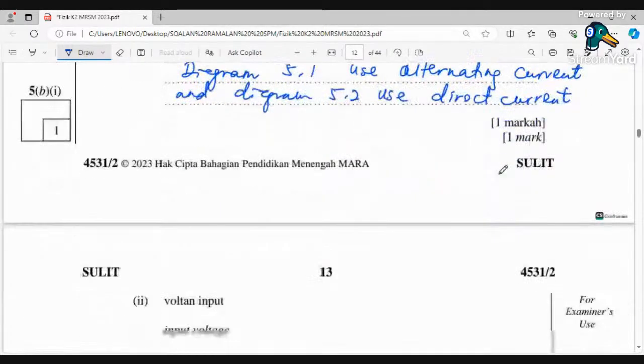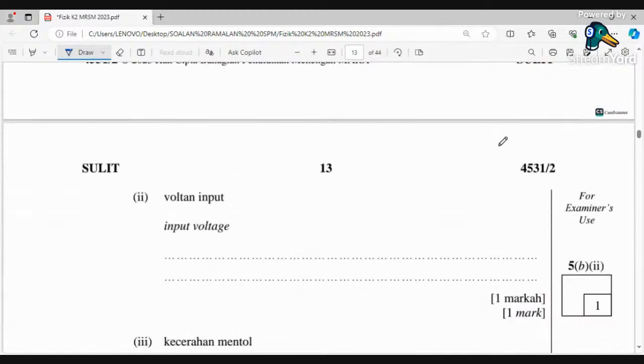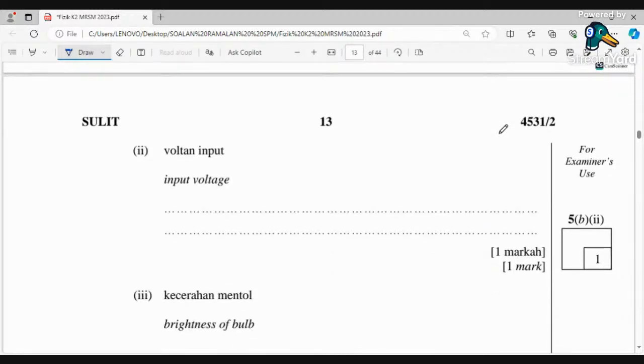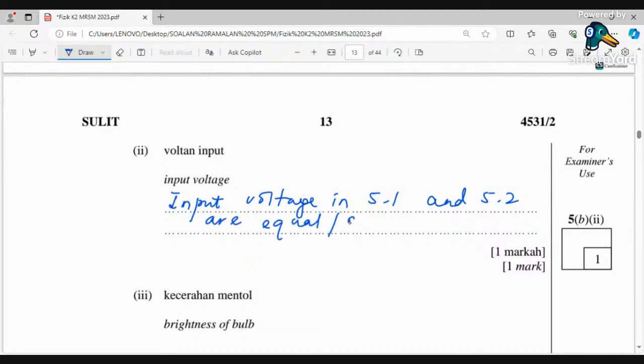Okay. Input voltage in 5.1 and 5.2 are equal, or same. Okay.